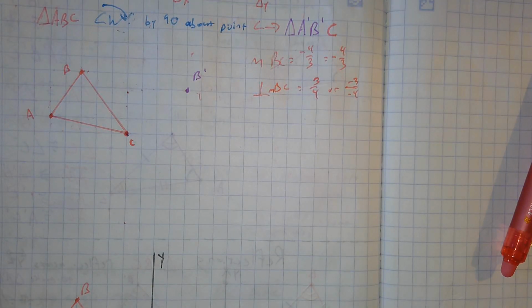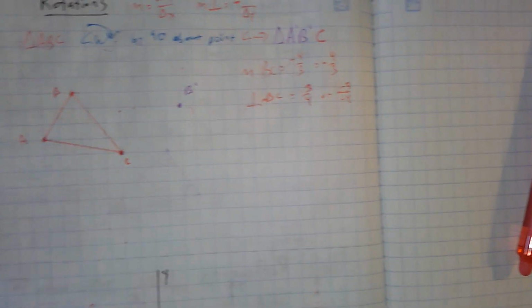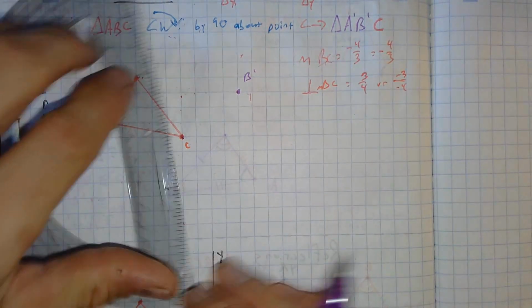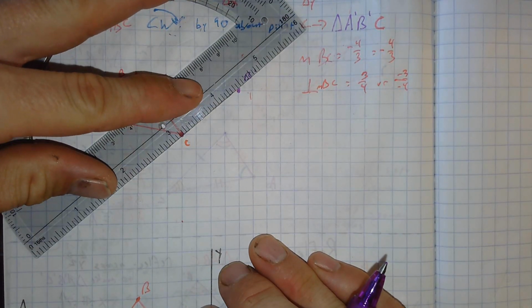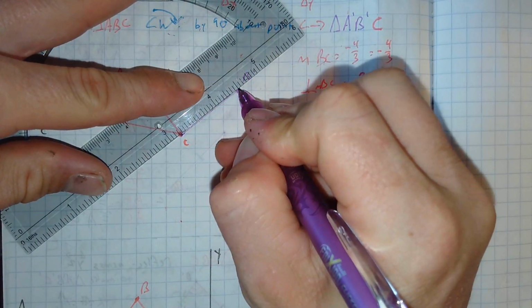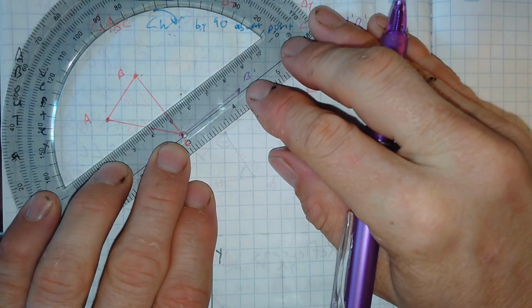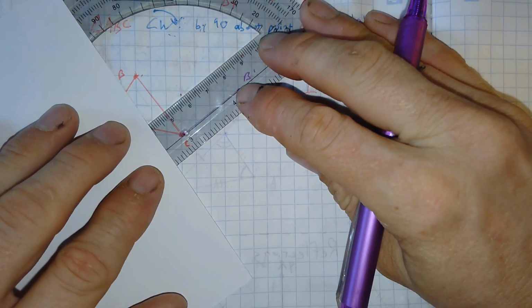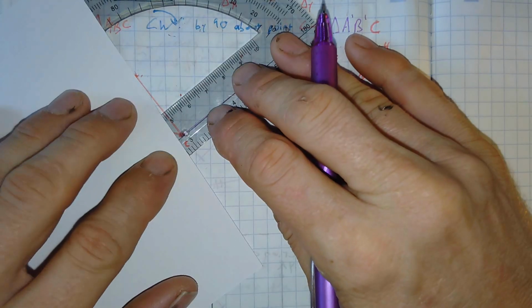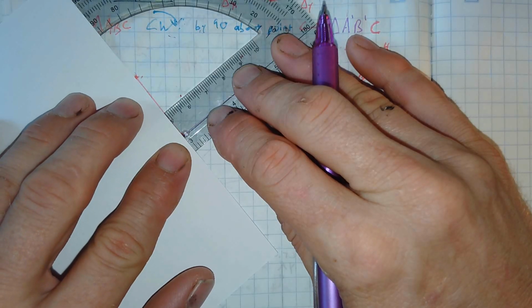Let's go ahead and look at that line real quick. Where did my protractor go? Pause this while I look for my protractor. Right where I left it. Okay, so now this line is like this, and if I line up my angle here, you can see that it is right there at 90 degrees.